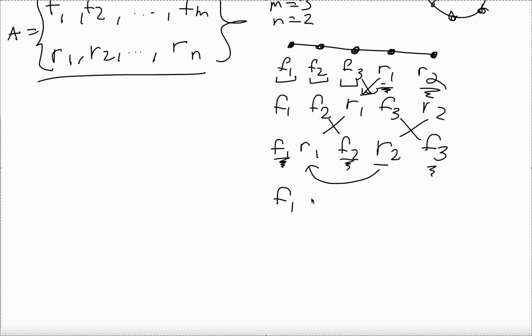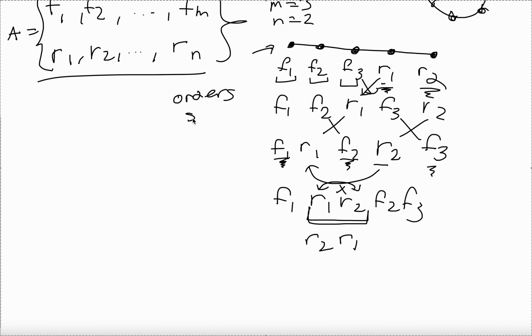So we'll get F1, then R1, R2, F2, F3. And so once we're here, we can see that rabbit and rabbit cannot swap, and so there's no way for these things to switch around and get R2, R1. And so for the linear case, the order stays the same.